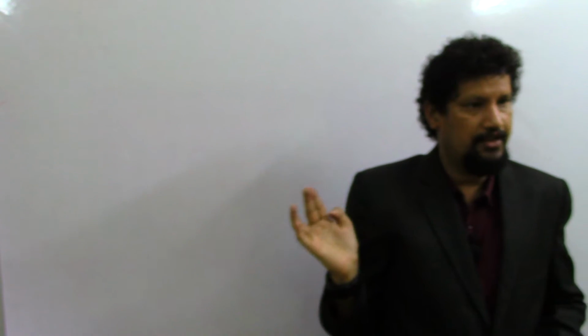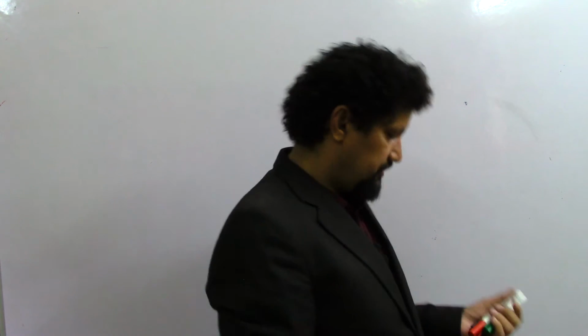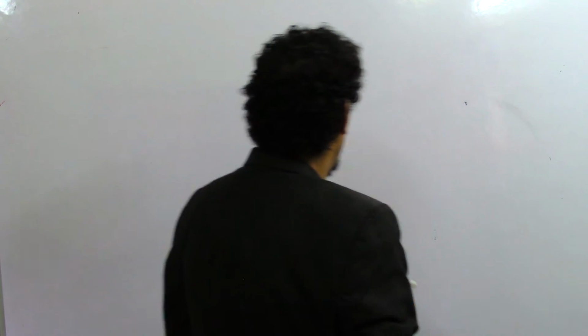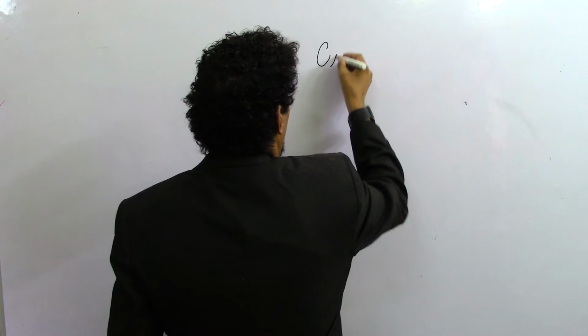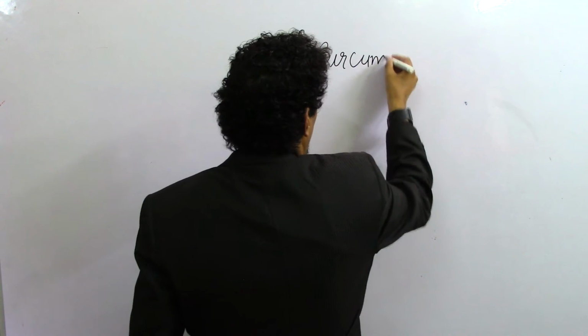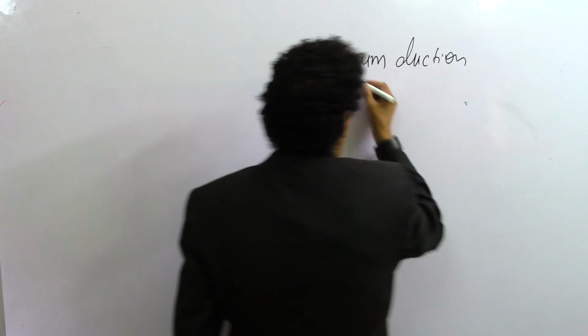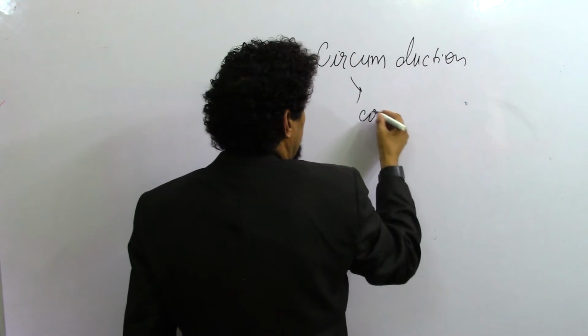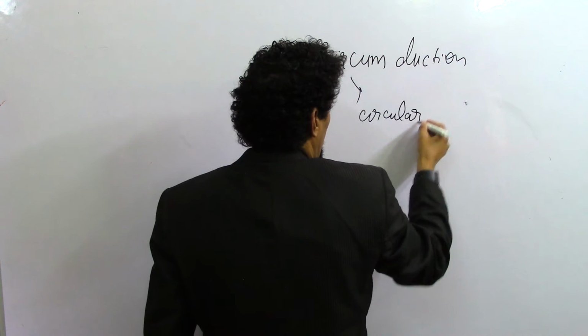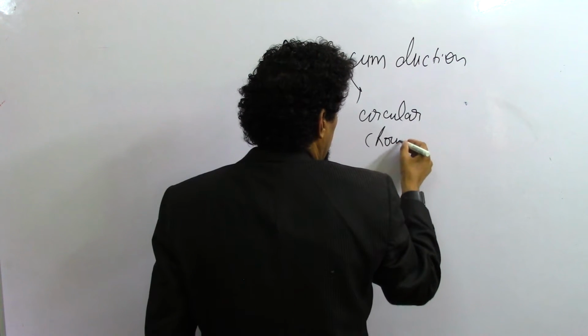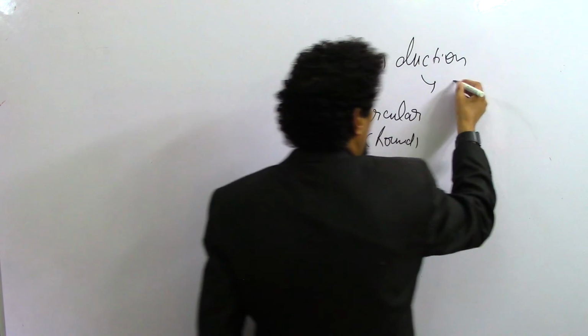So we have talked about the four basic movements: flexion, extension, adduction and abduction. The fifth basic movement is circumduction. Circum is for circular or round, duction is to draw.